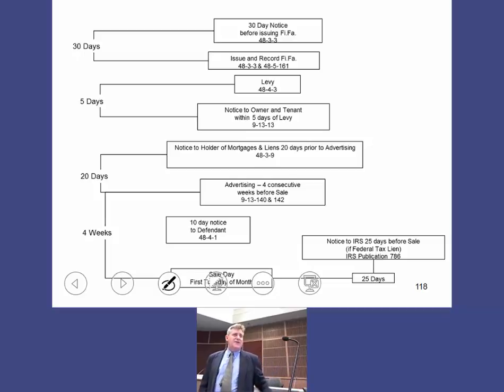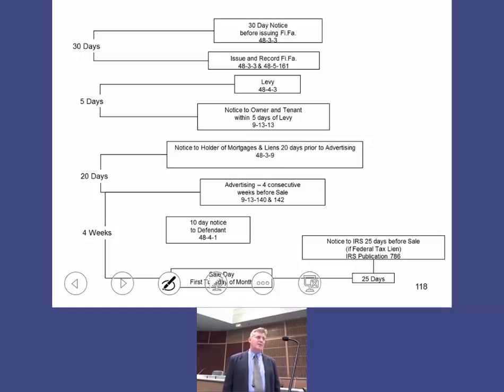And once a FIFA is issued and recorded, the next step in the collection process is to identify some of the taxpayer's property that you can levy on and eventually sell to satisfy the tax debt.